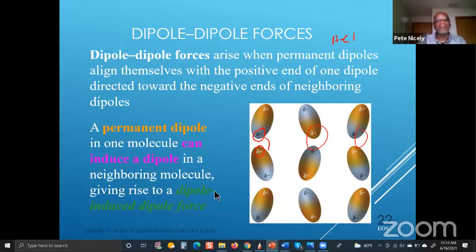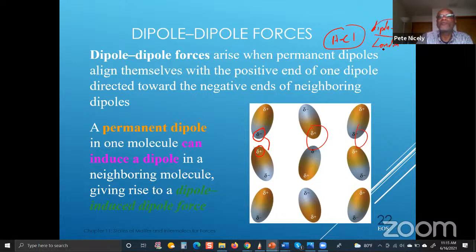What you'll find is that dipole-dipole interactions are stronger compared to the London dispersion forces that we talked about earlier, right? And another thing I need to mention is that even though you might have dipole-dipole interactions occurring here, you still have London forces occurring between these molecules as well. So a molecule like HCl will have both dipole-dipole and London forces, all right?